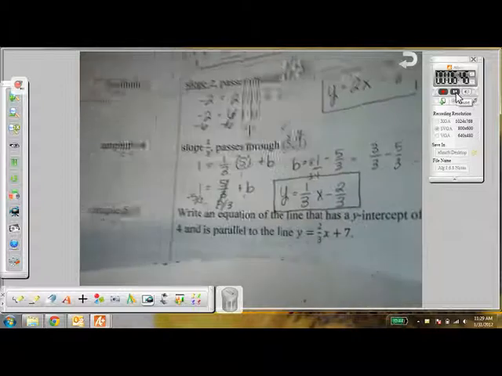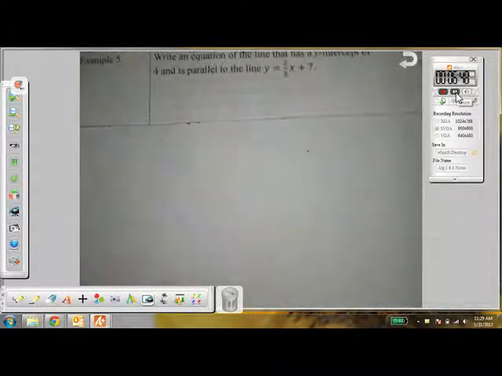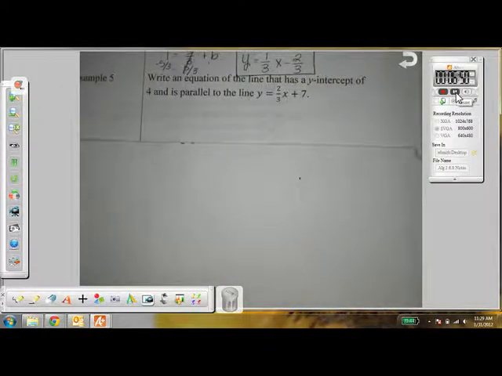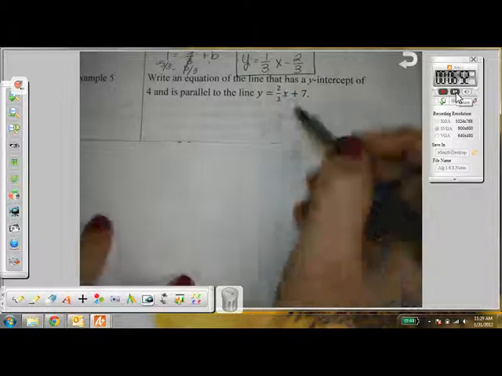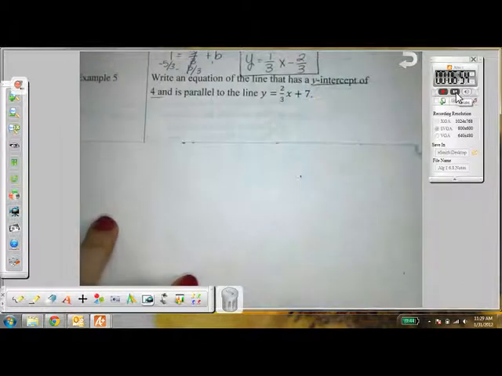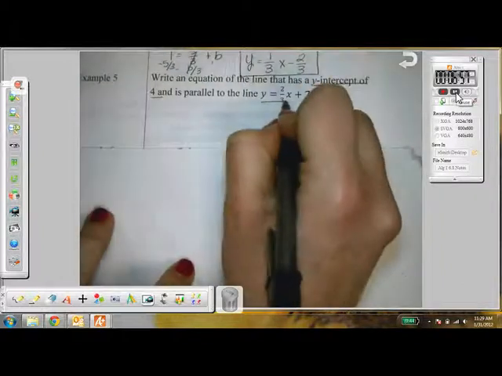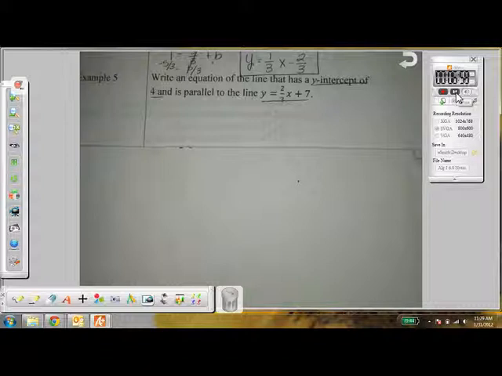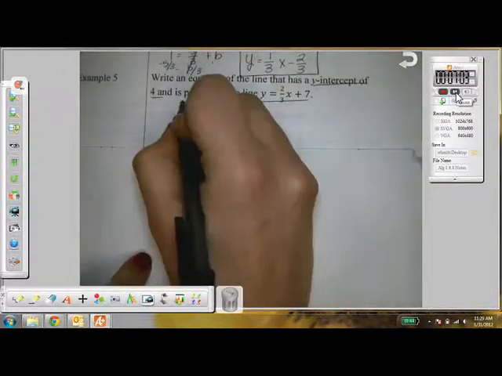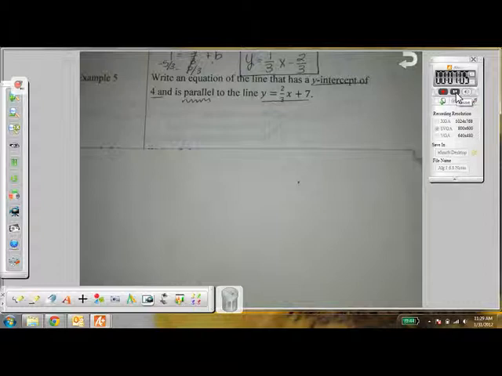So for example 5, I want to write an equation of the line that has a y-intercept of 4 and is parallel to the line y equals 2/3 x plus 7. If I'm looking for a parallel line, what do I know about it? Same slope.